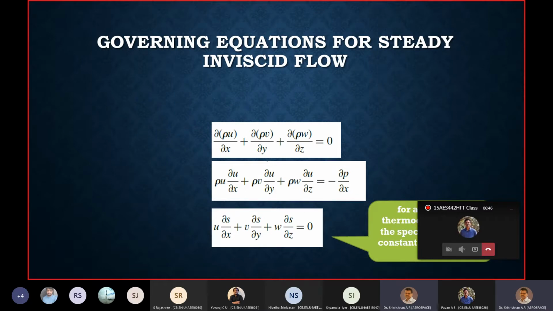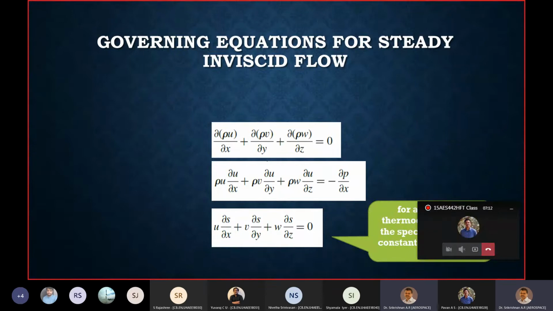So what I have written here are the continuity equation, x momentum equation, and the energy equation respectively for steady inviscid flow. Steady because we are not considering the dou by dou t term. Inviscid because we are not considering viscous forces in the momentum equation, as well as in the energy equation we are not considering dissipation due to viscosity.